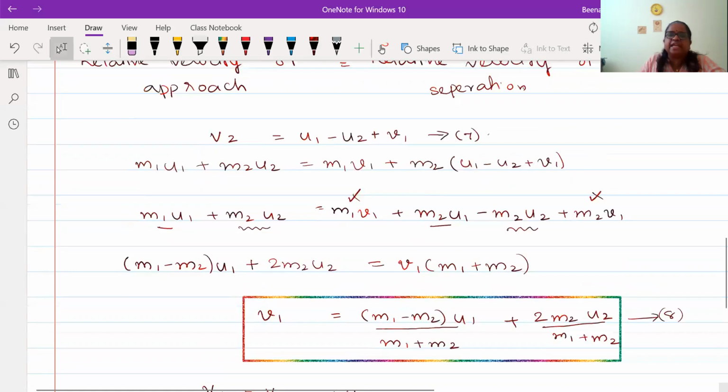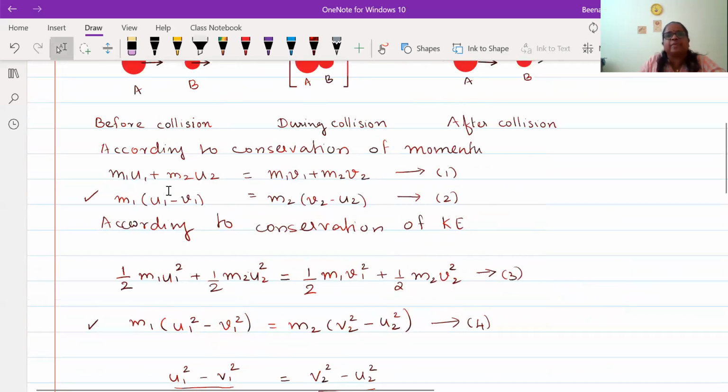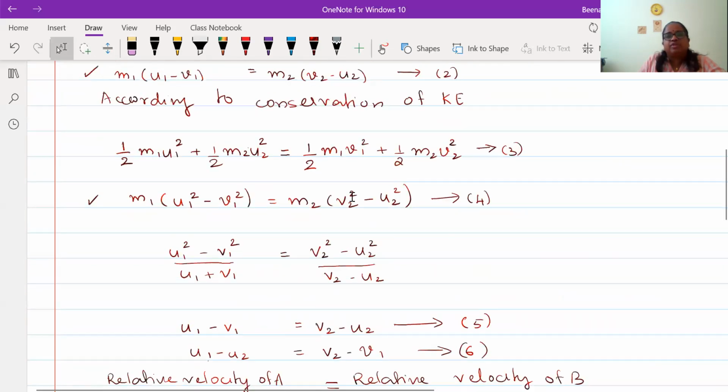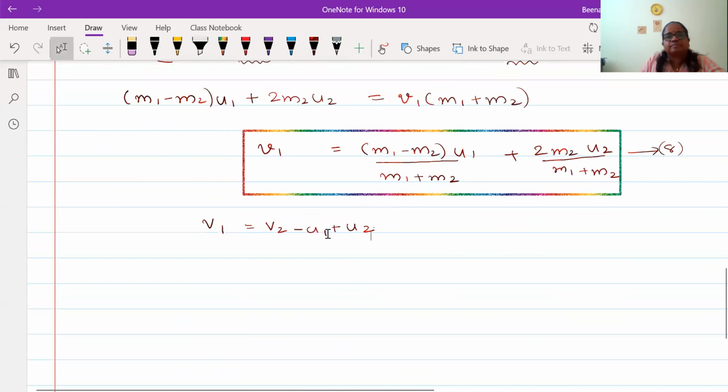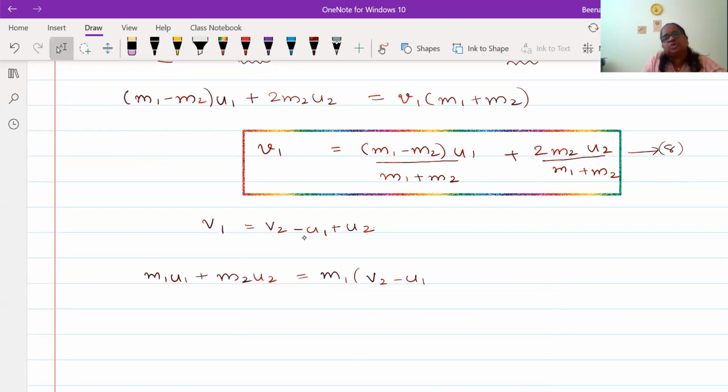And if we substitute this in the first equation, M1U1 plus M2U2 is equal to M1V1, we have to replace V1. So it will become M1U1 plus M2U2 equals M1 into V2 minus U1 plus U2, plus M2V2.